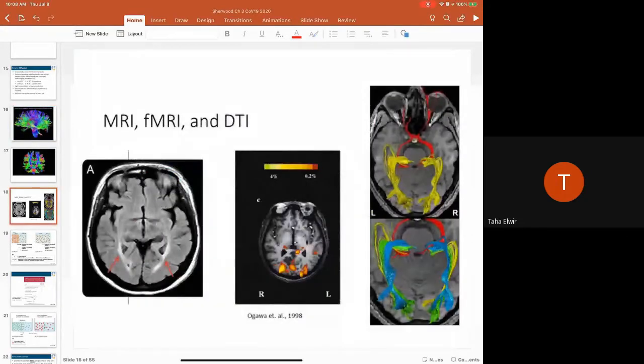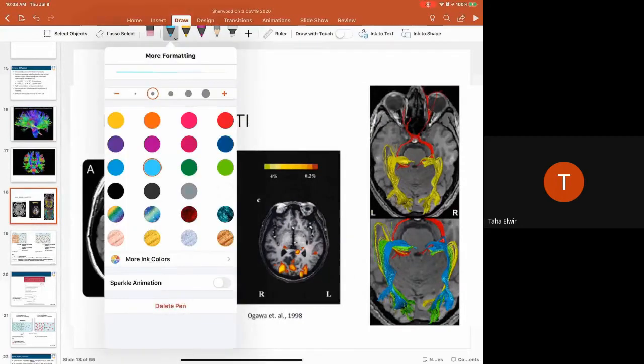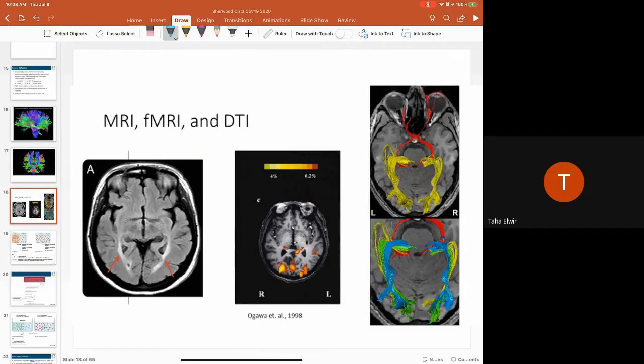This is a normal MRI over here at A. And then we have what's called functional magnetic resonance imaging. So those are gray.